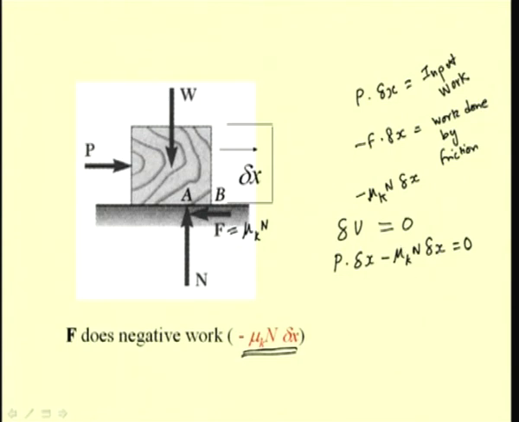So, here we see that this negative work term comes into the picture, and the input work is consumed by the friction that exists between the surface and the block.